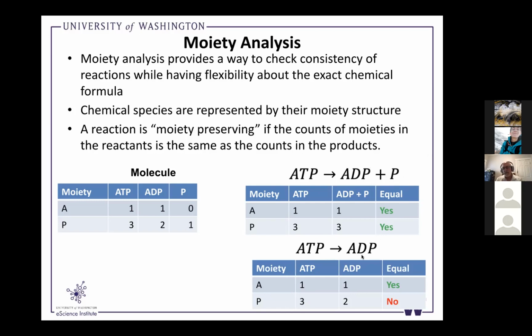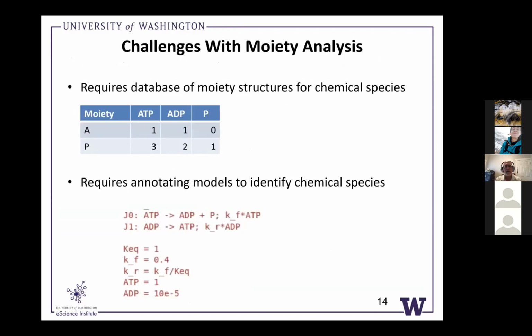Of course, this wouldn't be technically moiety balanced if I do this arithmetic over here. But since the inorganic phosphate is considered implicit, I can just not count that row because I'm not really considering it. And in that case, it is moiety balanced. So that's another flexibility that you get there.